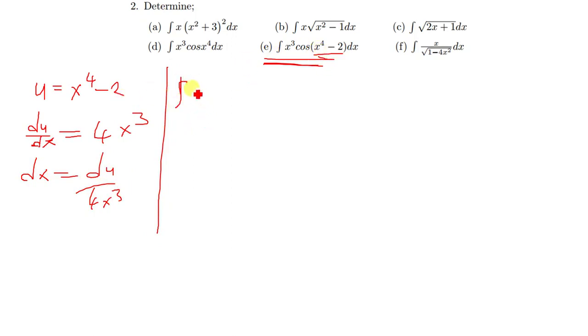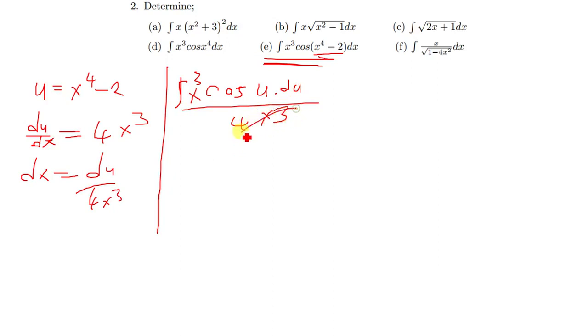So I'm going to have something like this. Our expression will be something like this: cos u, then we multiply by du, and then over 4x to the power 3.